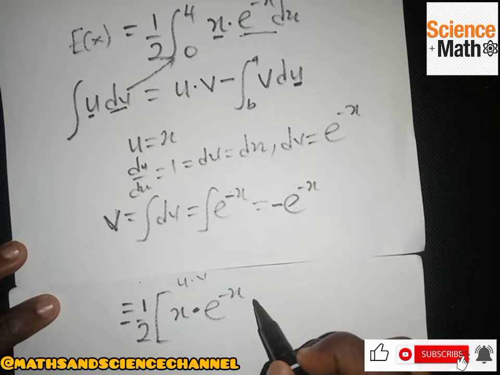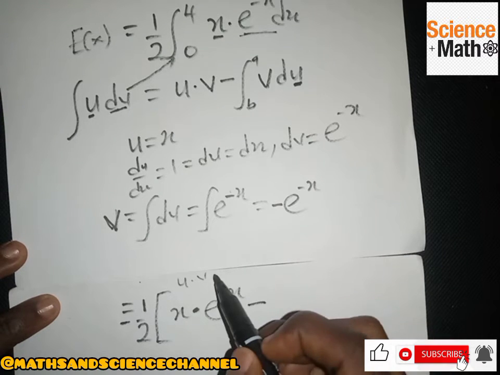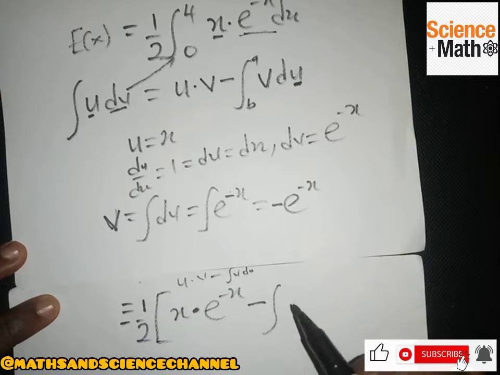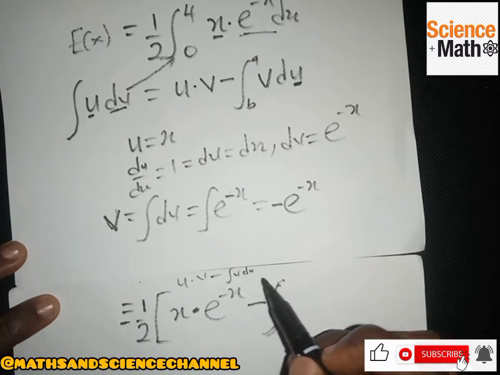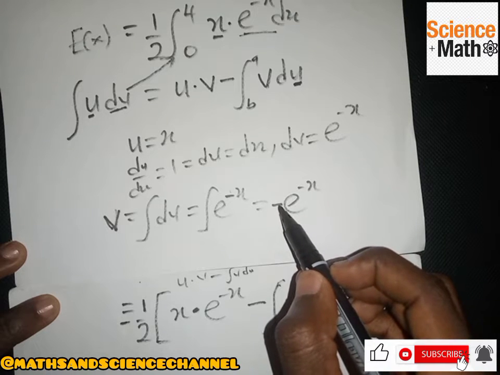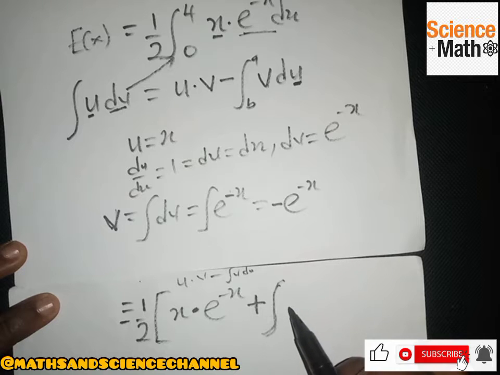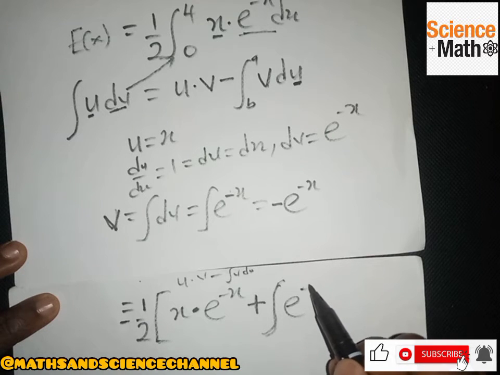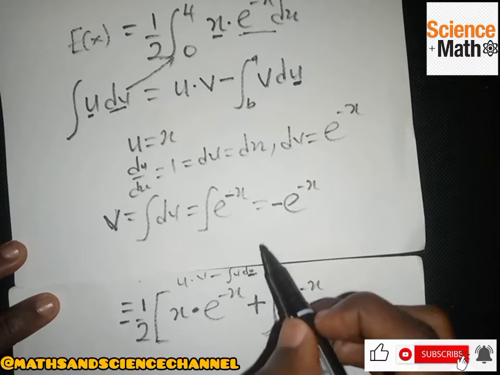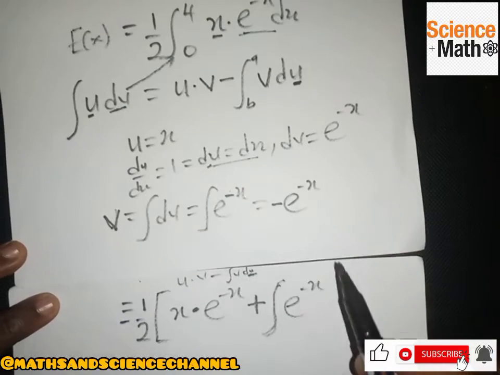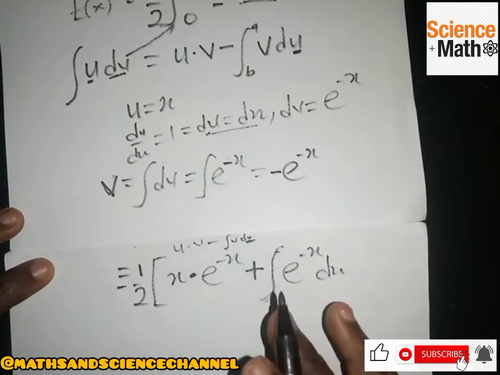Then minus, remember, the integral of v du. Here v is still negative, so when we have negative and negative, this changes to positive, and you have e to the minus x du. Du is equal to dx, as we found, so we have dx right now.